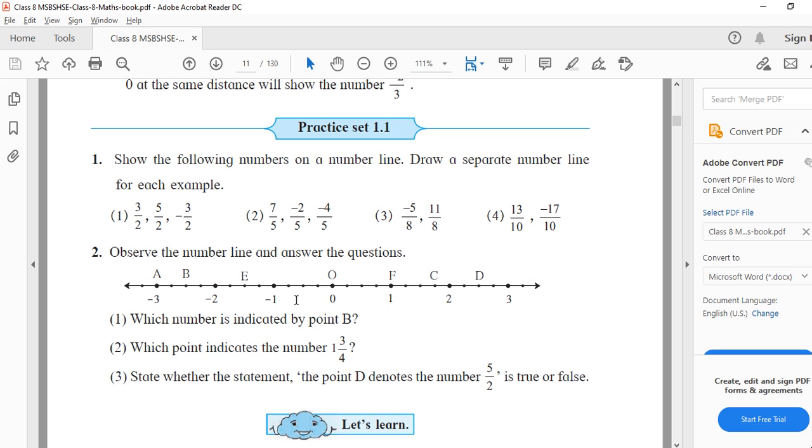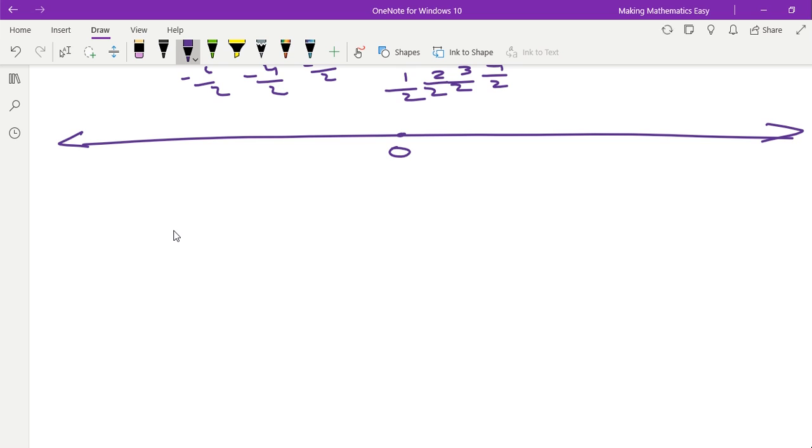Now if we see the first example, my denominator is 2 throughout, so that means there should be one blank point between 0 and 1.